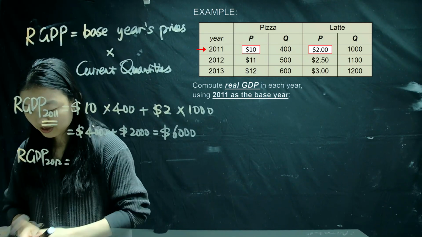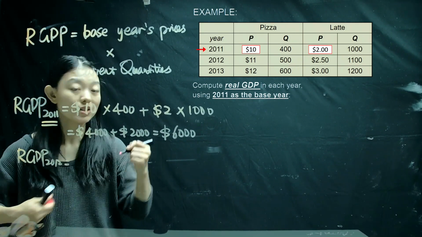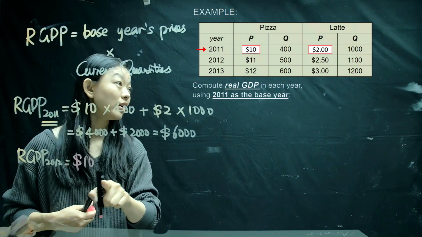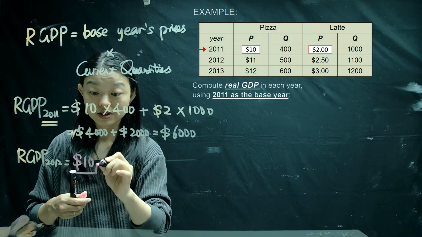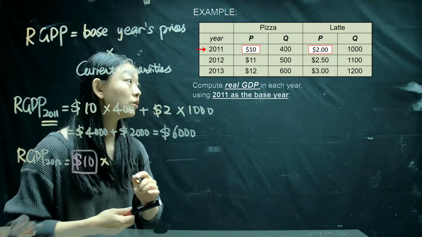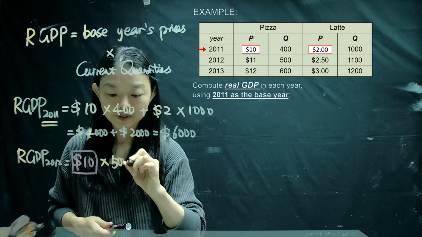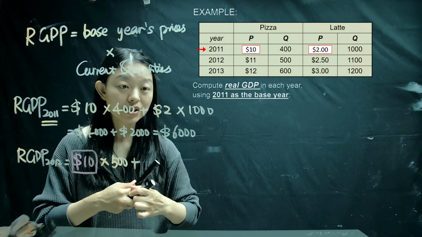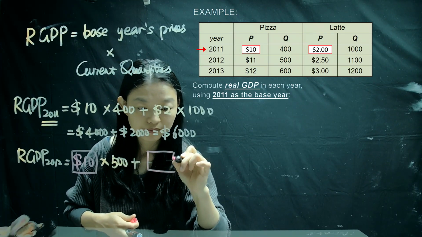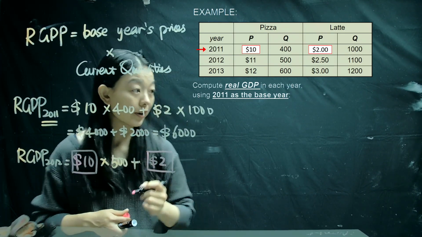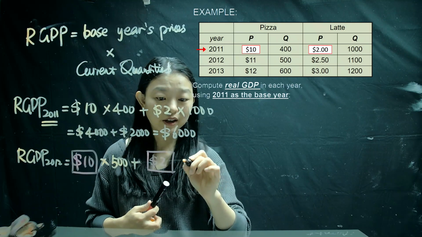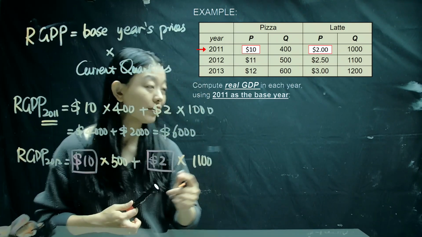We still use the base year's price for pizza, $10, times the current quantity, 500, plus the base year's latte price, $2, times the quantity, 1,100.